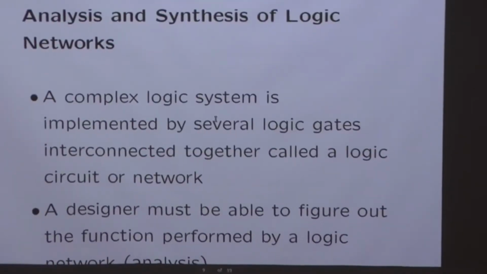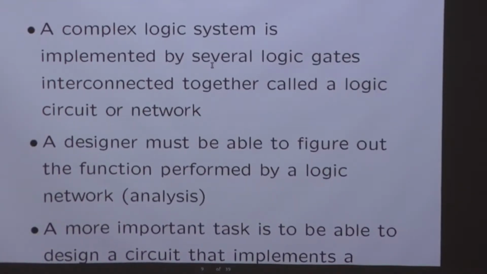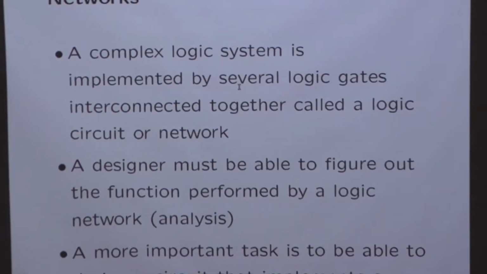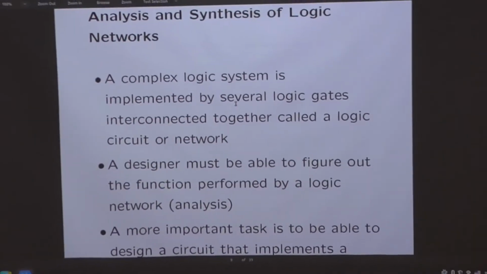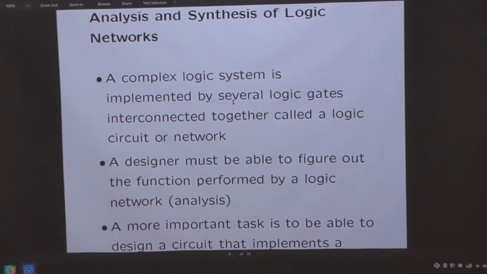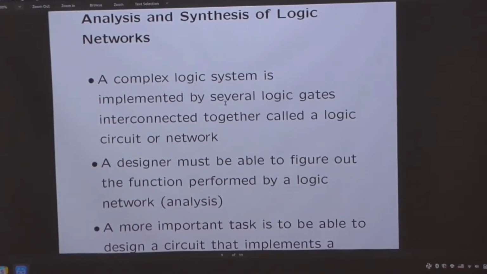Just in case. So, a complex logic system is implemented by several logic gates interconnected together, called a logic circuit or a network. I sometimes use the term combinational logic to refer to this.